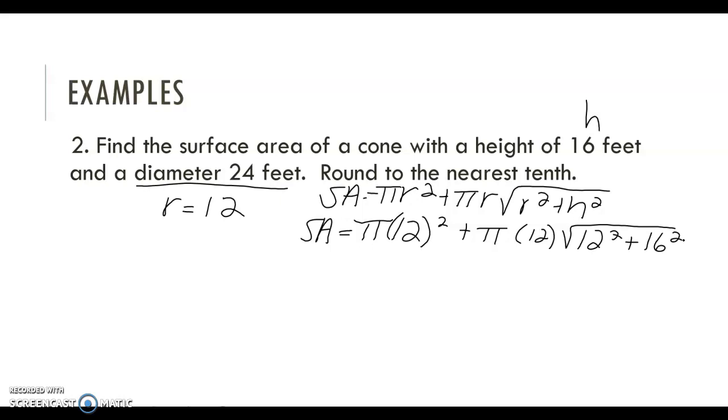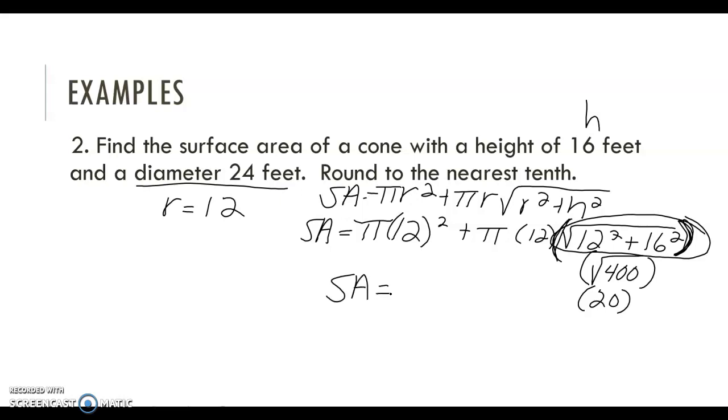I am going to do this part first. So if I do the square root of 12 squared plus 16 squared, I end up with the square root of 400, which is actually just 20. So I highly recommend doing this part first instead of trying to type everything into your calculator, just because typing all of that in can get a little complicated and you're more likely to make a mistake.